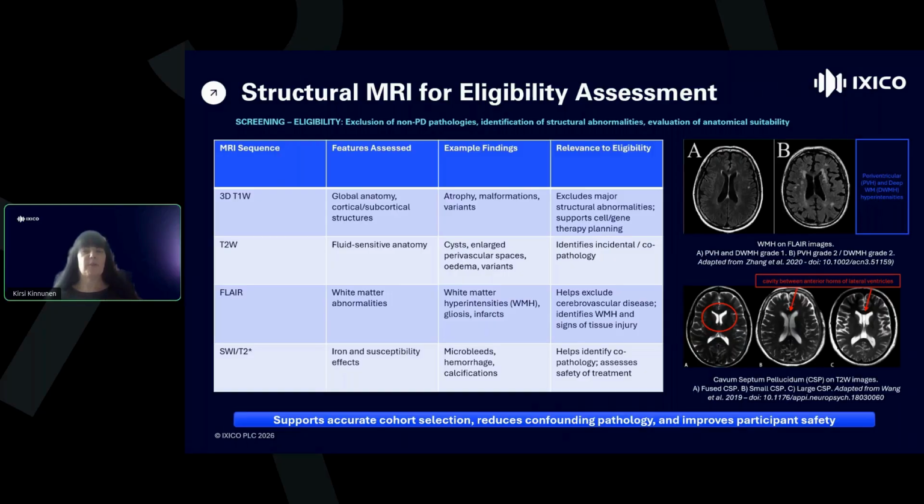The picture on the bottom right shows an anatomical variant called cavum septum pellucidum, or CSP, which is a fluid-filled cavity visible on MRI as a midline CSF signal between the anterior horns of the lateral ventricles, which is highlighted there with the red arrows. It is generally considered a normal anatomical variant, but you can see that overall, structural MRI plays an important role in cohort selection, reducing confounds, and improving participant safety. Next slide, please.